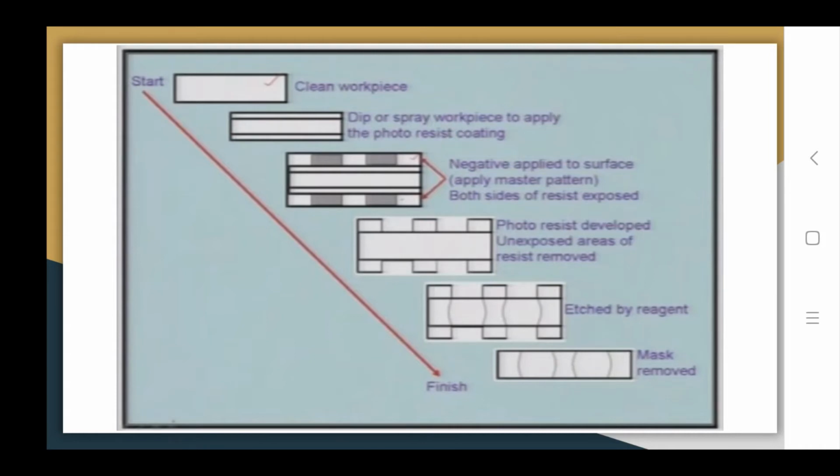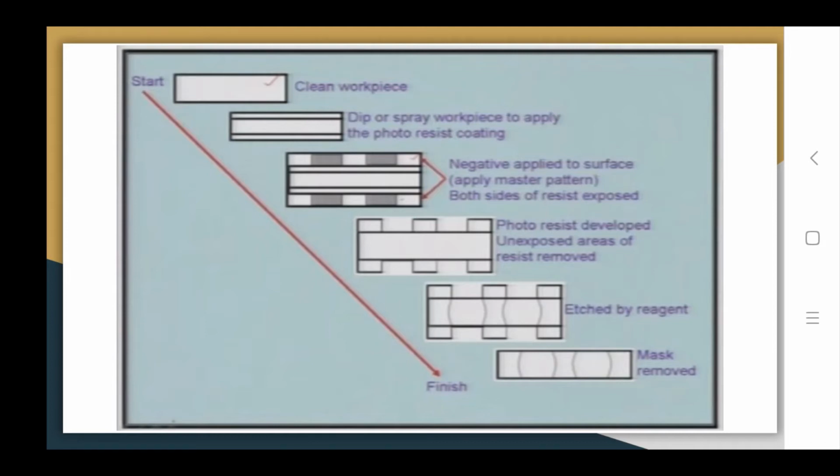The material has been removed by the etchant from both the sides, and you can see here also the cavity that has been formed, and this is the final part that has been obtained. So what I mean to say here is that you can apply maskant by any of the three methods, but your final aim should be to get a workpiece of the desired shape and size in minimum time.